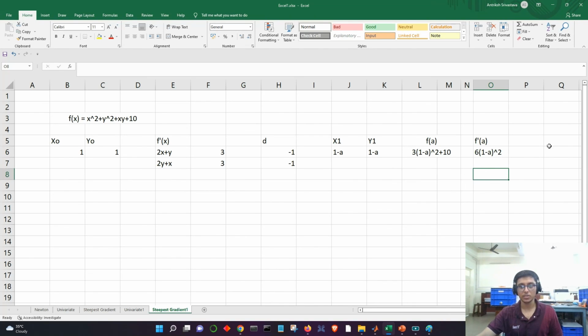So a value we got as 1. So now, see, in one iteration itself, I think we have gotten the value, right? So our x1 and y1 will be 1 minus a, that is 1. So 0 and 0. So this is the power of using differentiation to go onto the right track.